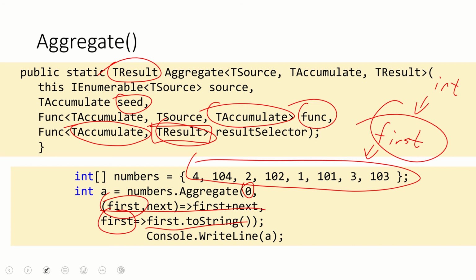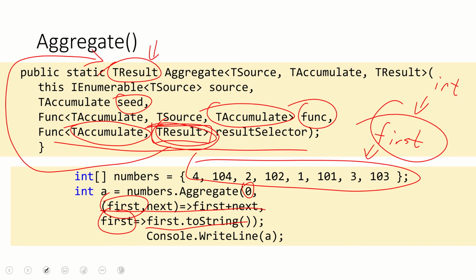The problem is, if you check this document, the return type should have the same data type as the last result selector data type.